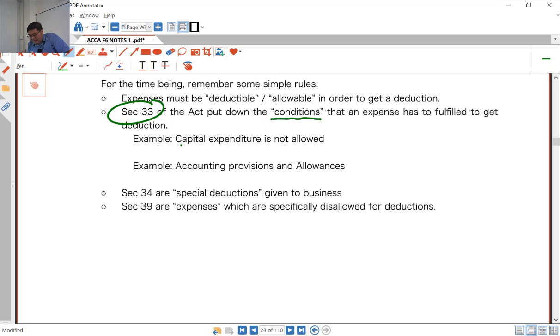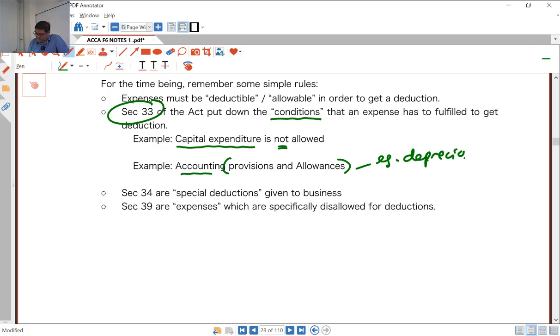Now, I can't go through all that today, so I'm just giving you bits and pieces of idea. For example, generally, capital expenses are not allowed. Generally, okay? Now, capital expenses are what? For example, the cost to buy a fixed asset. They will not let you claim, okay? Now, a lot of accounting provisions or allowances, typically like depreciation, okay?